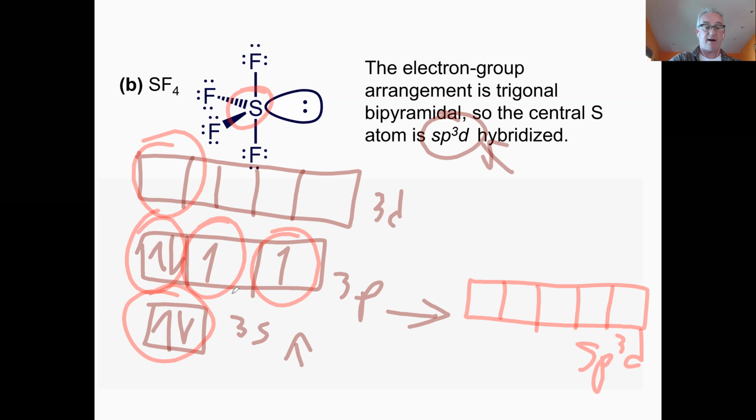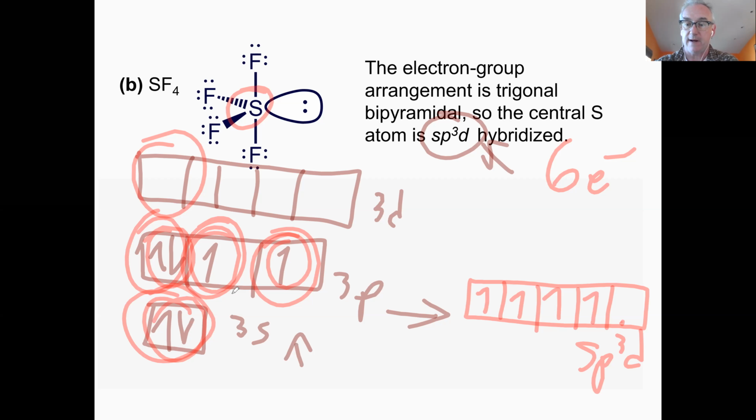Just count them up over here. I've got 2, 4, 5, 6. It's in group 6. I got 6 electrons, and I have 5 orbitals to put them in. So let me put them in. 1, 2, 3, 4, 5, 6.